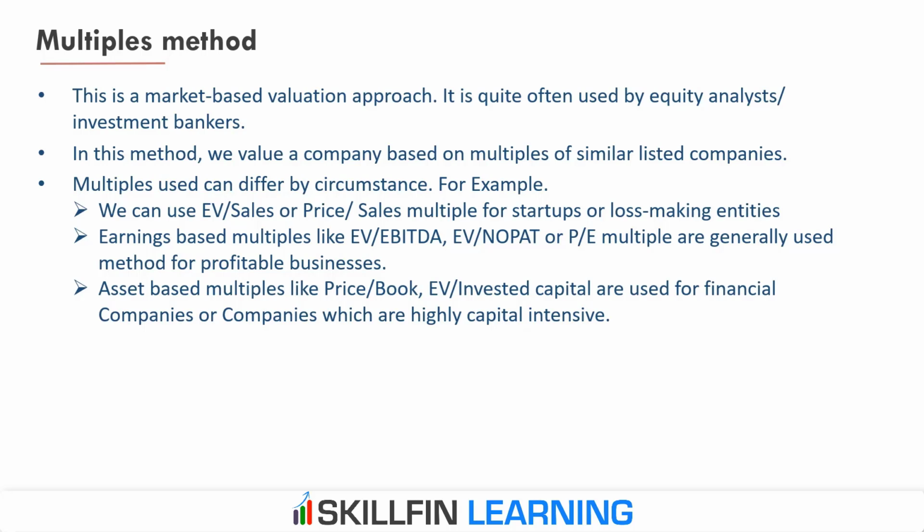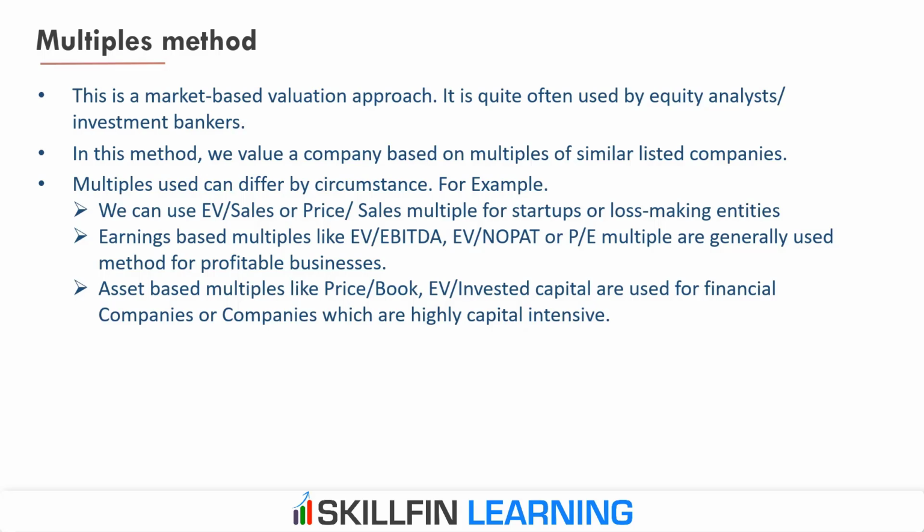For example, we can use the enterprise value to revenues multiple or price to sales multiples for startups or loss making entities. Earnings based multiples are generally used for valuing profitable companies.